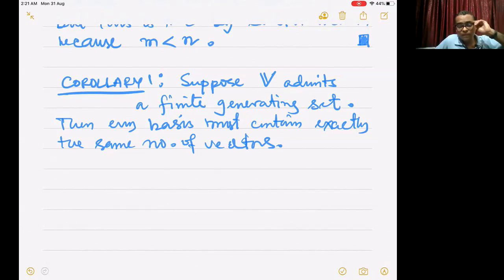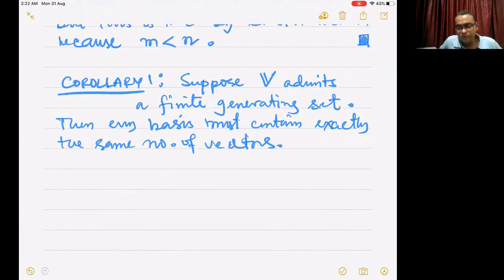V admits a finite generating set. So by the theorem, suppose that number is some M. M is a finite generating set. Any collection of vectors that is more than M cannot be linearly independent, right?